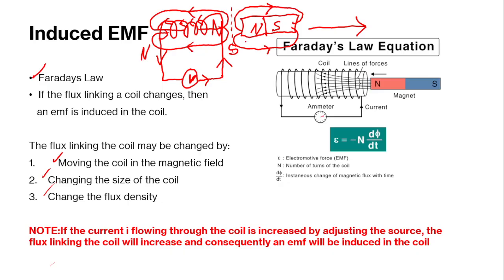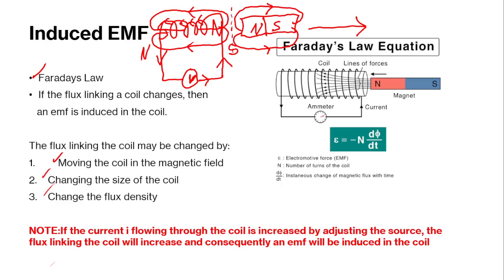So that's literally what we did here. When you move the magnet, it induced the EMF. Lenz's law will basically tell you the direction of the induced EMF. So Faraday's law states that when you have flux cutting a conductor, it will induce an EMF. Faraday is just telling you an EMF will be generated, but it doesn't tell you the direction.